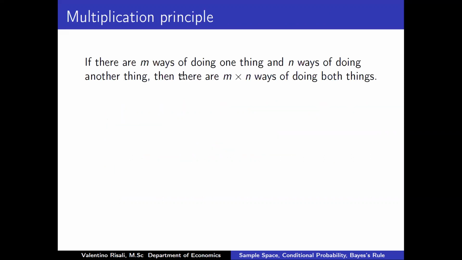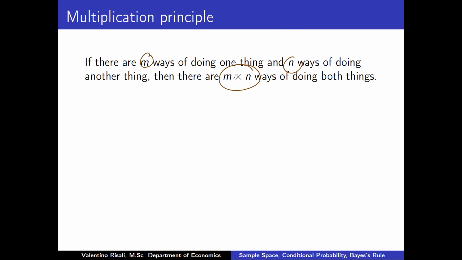For the first principle, that is the multiplication principle, that says if there are m ways to do one thing and n ways to do another thing, then there are m times n ways to do both of these things.